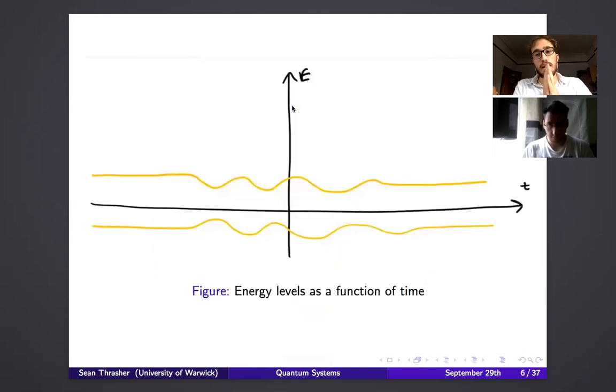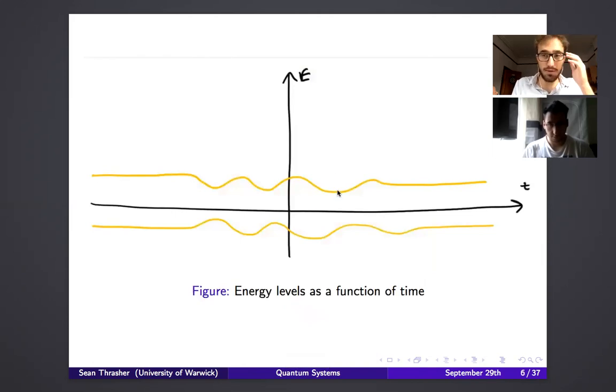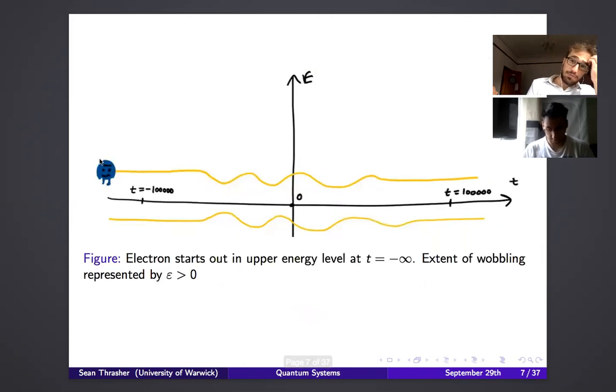So now in my project, we focus on only two energy levels. So here we had effectively infinitely many. Just focus on two, that'll do. Say I put an electron in the upper energy level. So somehow I know with 100% certainty that my electron is in the upper energy level. Maybe I made an experiment and I measured it already.